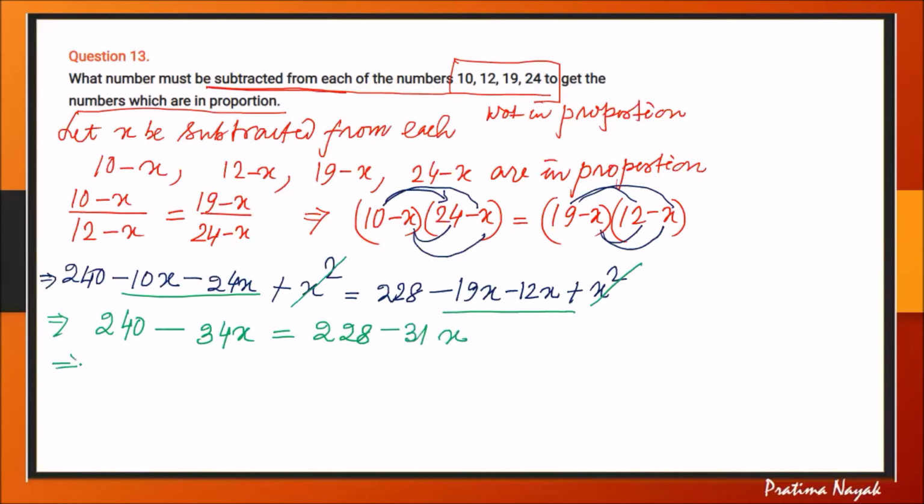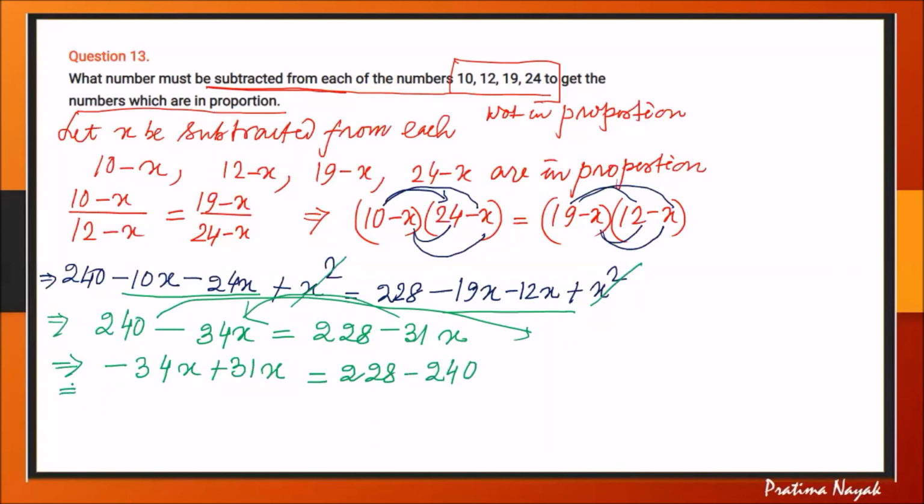Or I'll get minus 34x plus 31x. What I'm doing, I'm taking all x to the left side and I'll take the numbers to the right side. So it will be 228 minus 240.